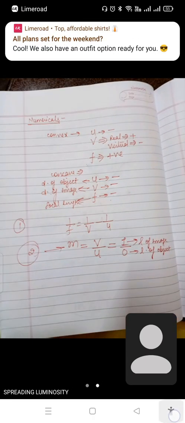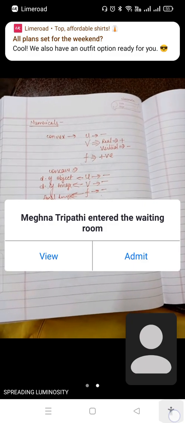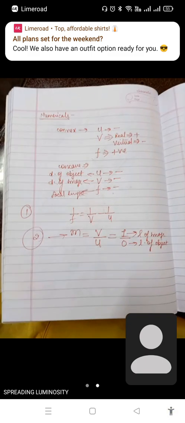Is it clear? These two formulas will be applicable in the numericals.